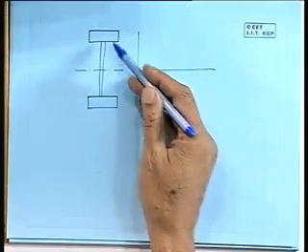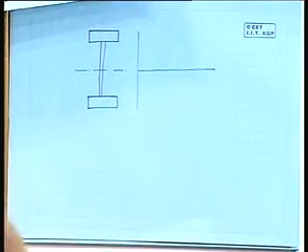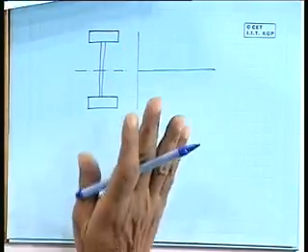V is constant at this section, at any length, suppose this is a girder, and at a cross section the bending moment is fixed, that means the shear force is fixed at that particular place.